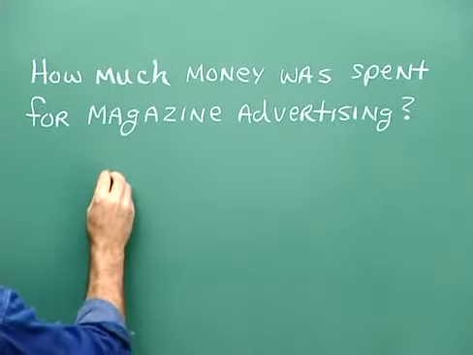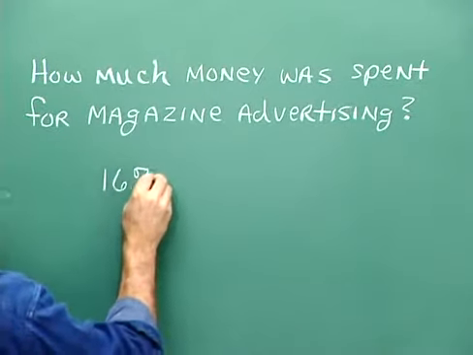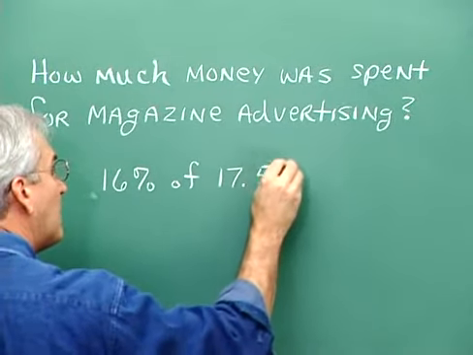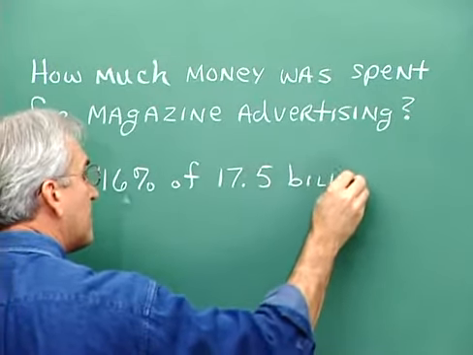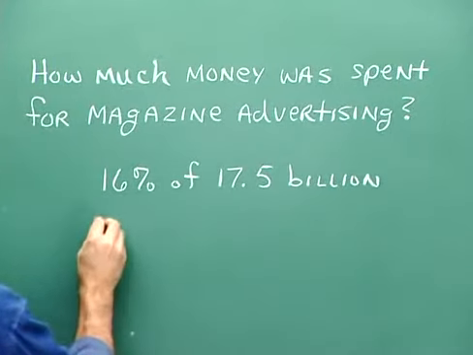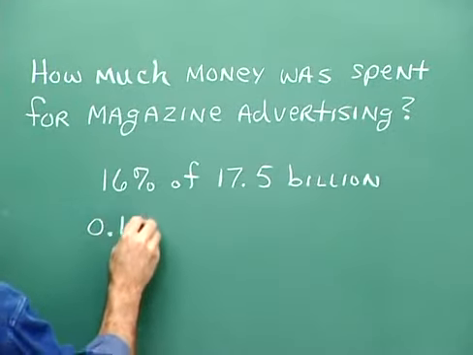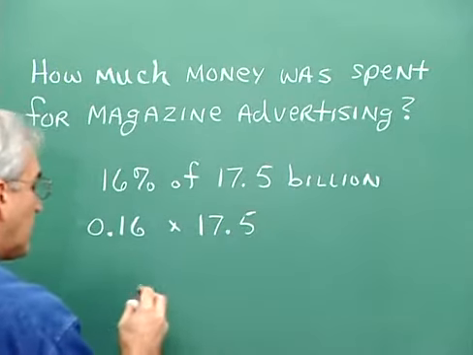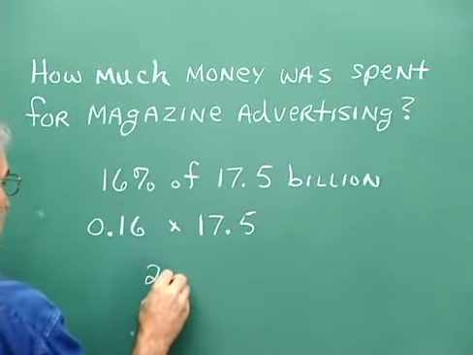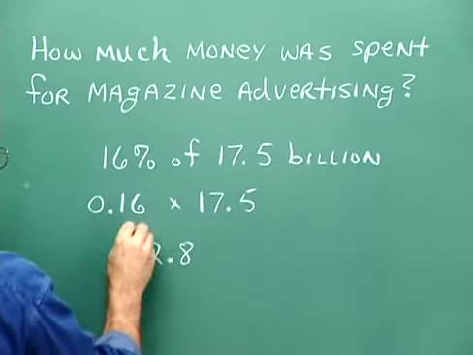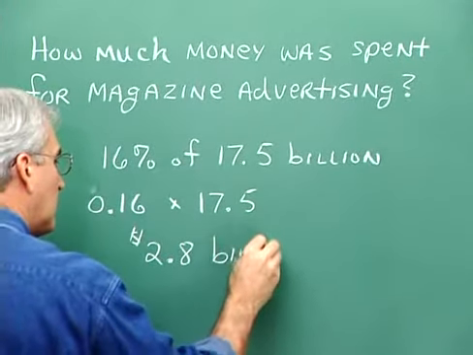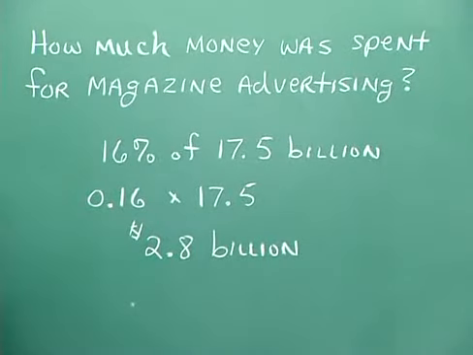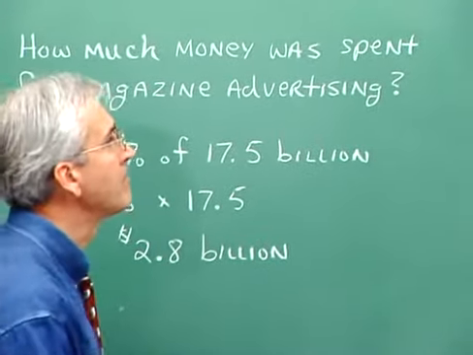So what we're figuring out here is 16% of the total of 17.5 billion. Or it is 0.16 times 17.5, which turns out to be 2.8. So it's $2.8 billion is the amount spent on magazine advertising by these 25 companies.